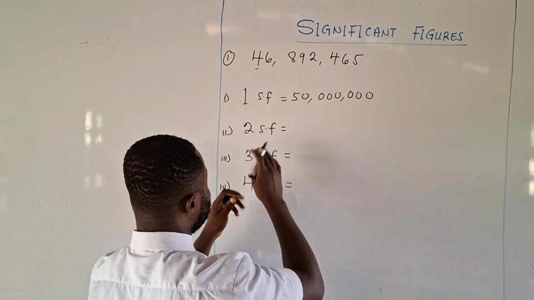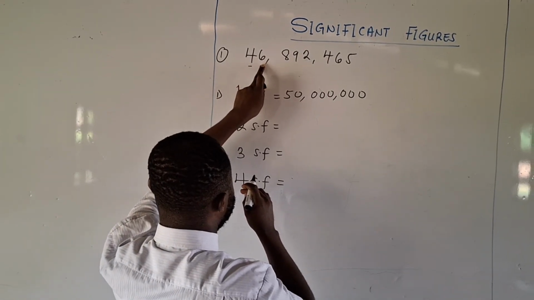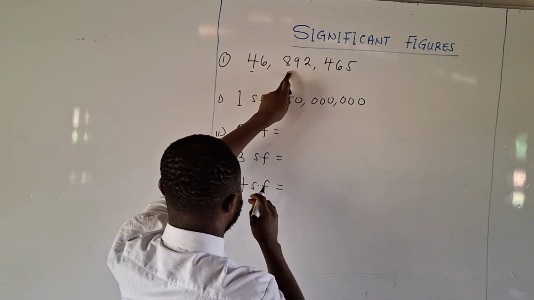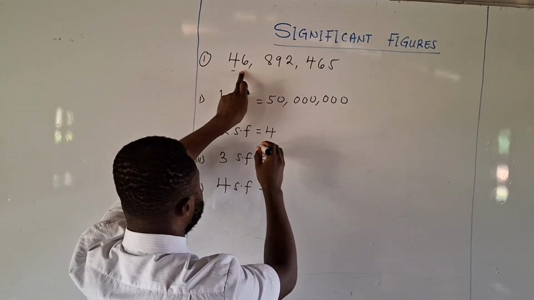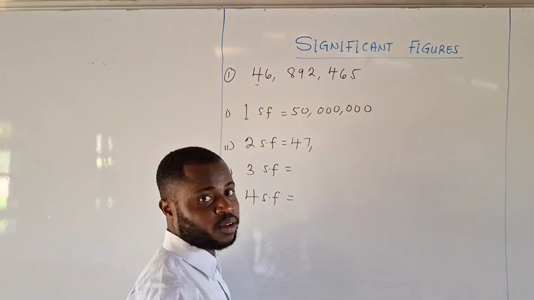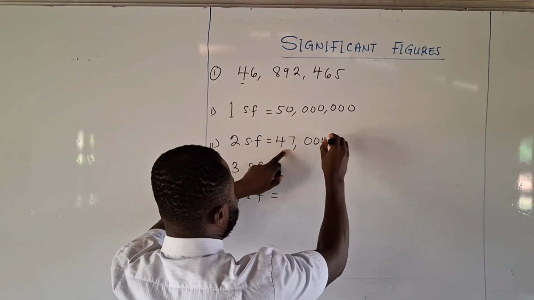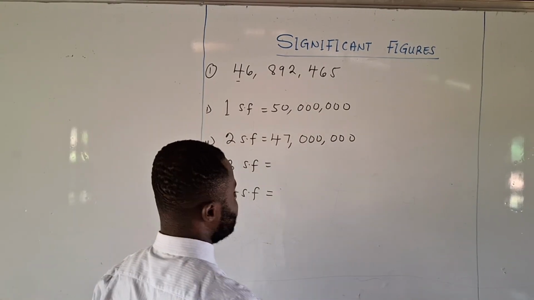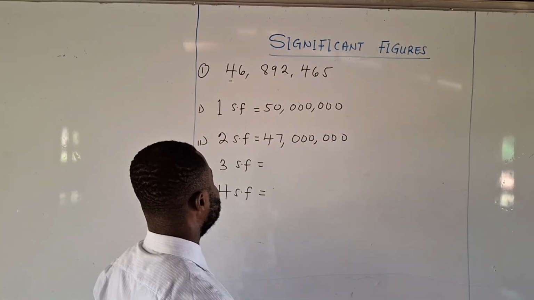Now the second, 2 significant figures, is 4 and 6. But the number after the 6, which is 8, is also a roundable number. So you write 4, you add 1 here, making it 7. So 47, then you express the rest as zeros. 3 significant figures.